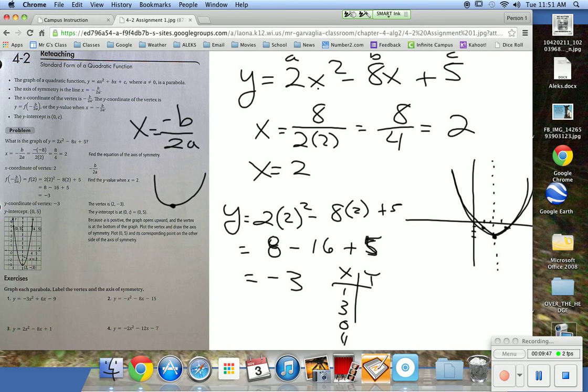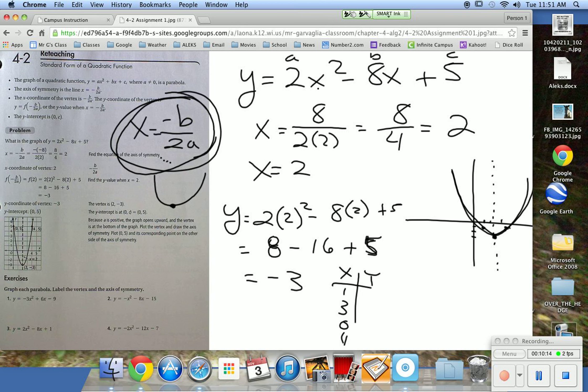But the key to this is right here. This gives you your vertex. It also gives you your axis of symmetry. This is the key thing to remember and learn. What does this tell me right here?